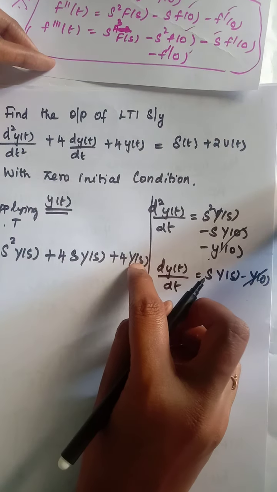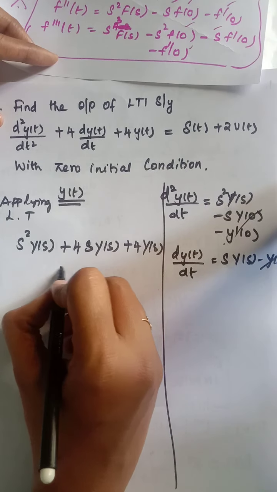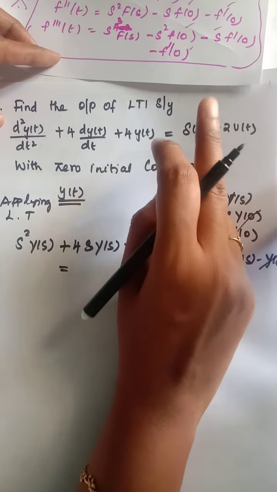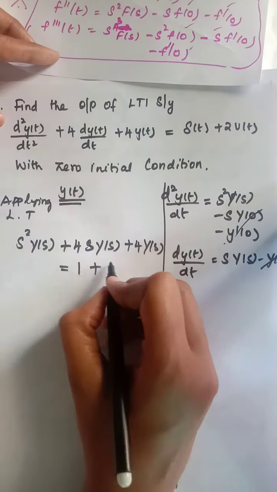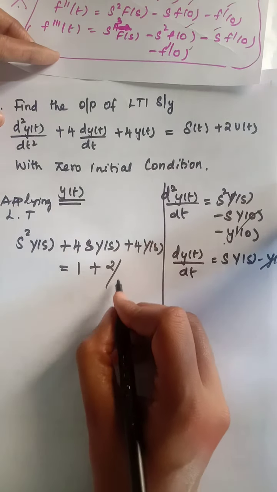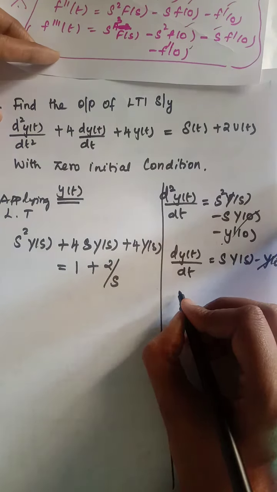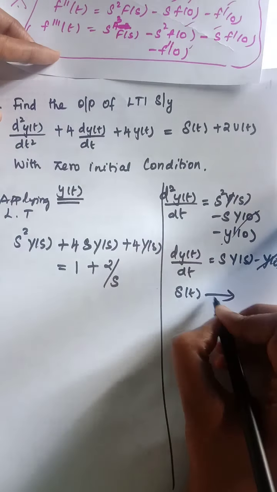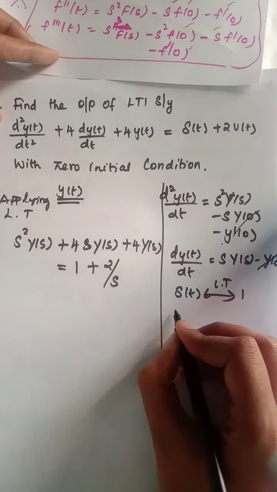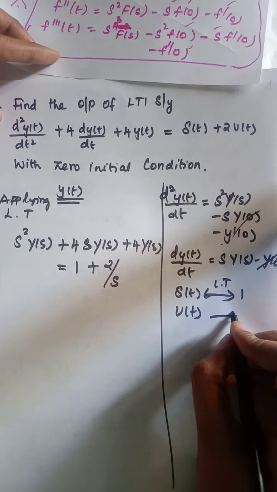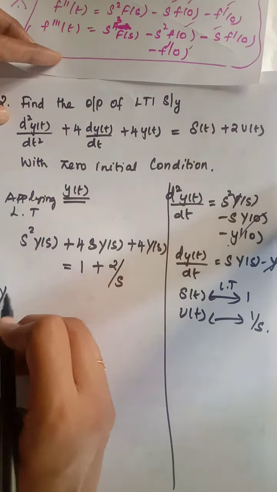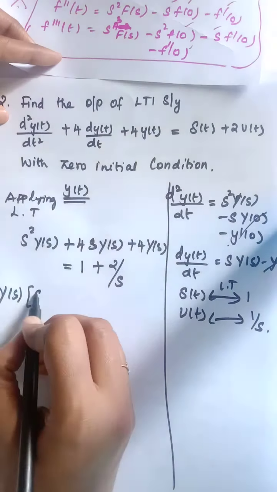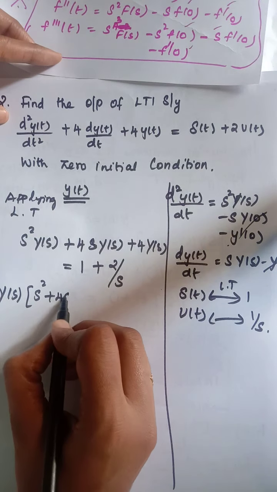The Laplace transform of y of t is y of s, which is equal to the Laplace transform of del of t, which is 1, plus 2 into u of t, whose Laplace transform is 1 by s. So when I take y of s, what I will get is s square plus 4s plus 4.